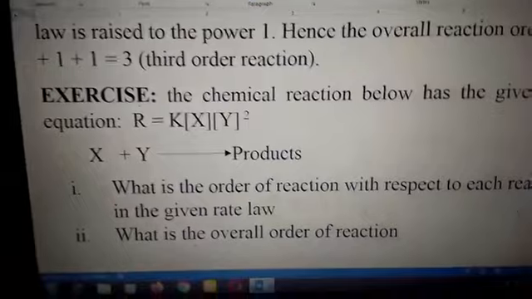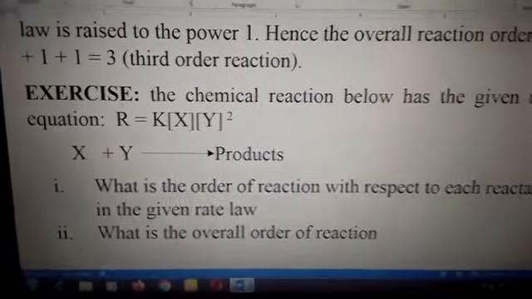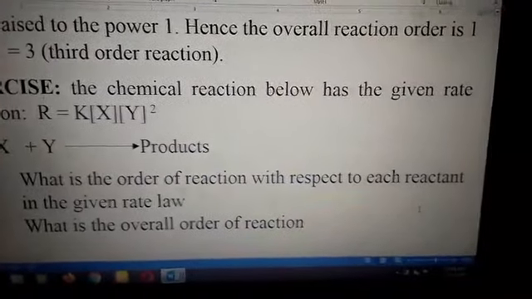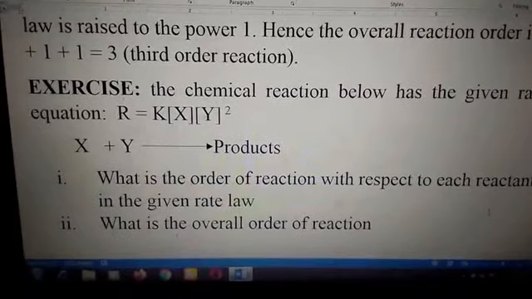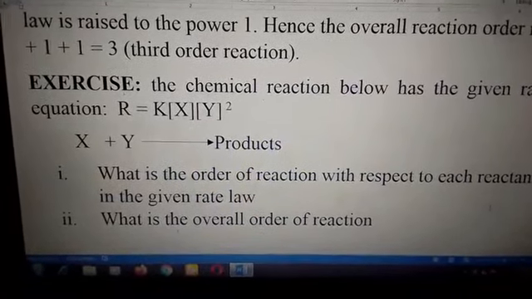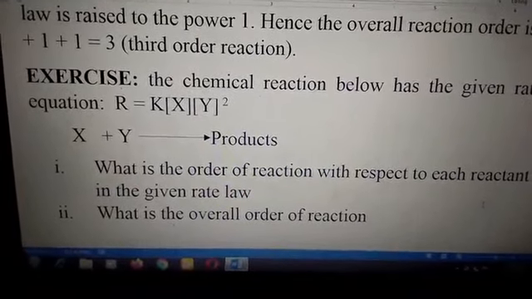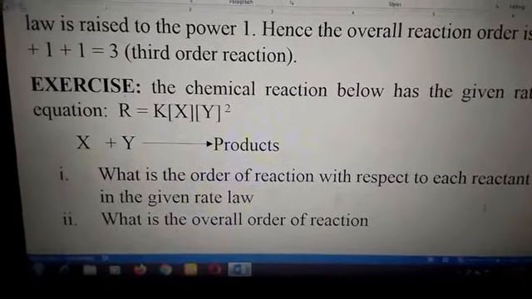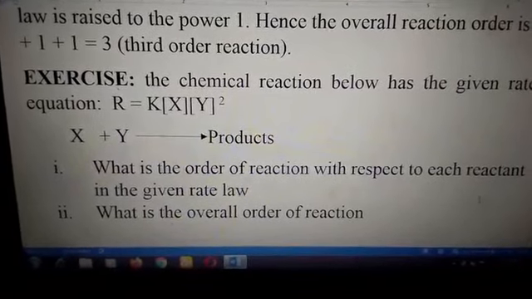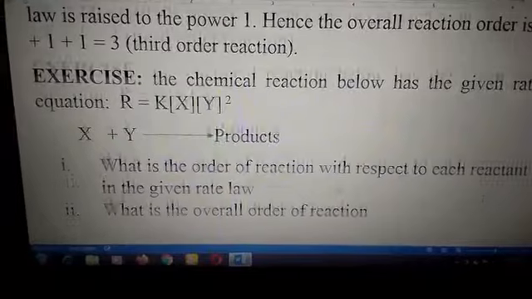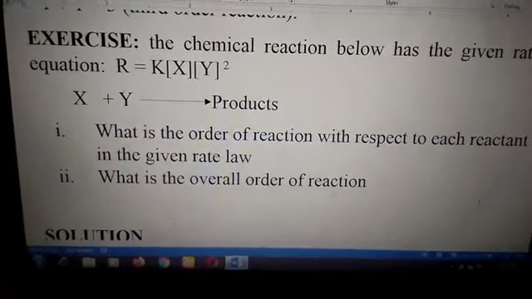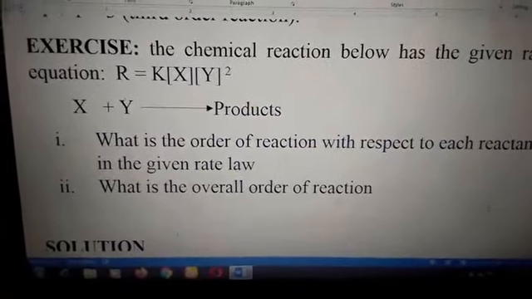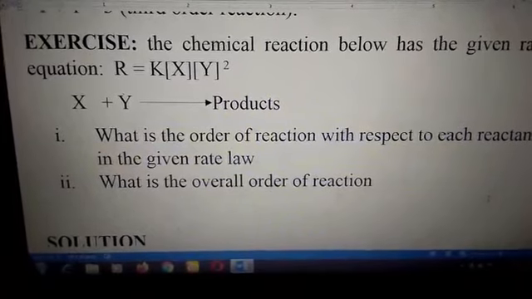So look at this exercise that says the chemical reaction below had the given rate equation R equal to K multiplied by the concentration of S raised to power 1 multiplied by the concentration of Y raised to power 2. And the reaction is given to you as S plus Y gives product. That means that reaction is a bimolecular reaction.